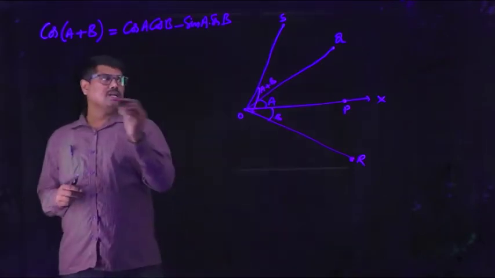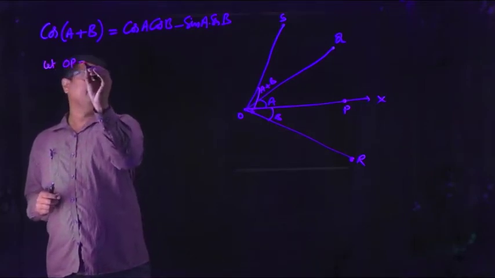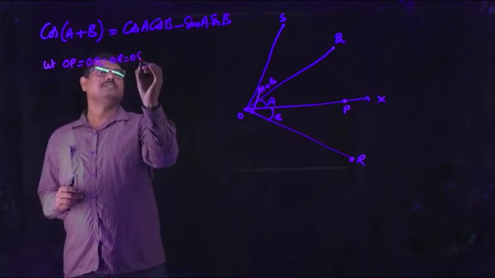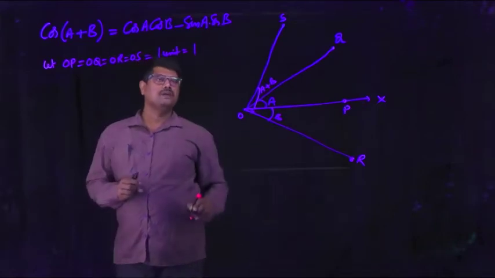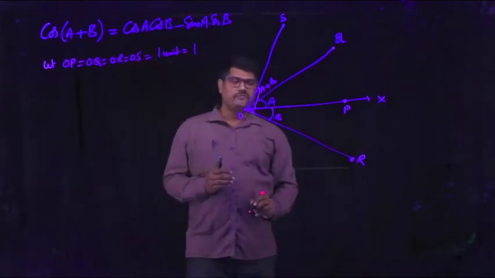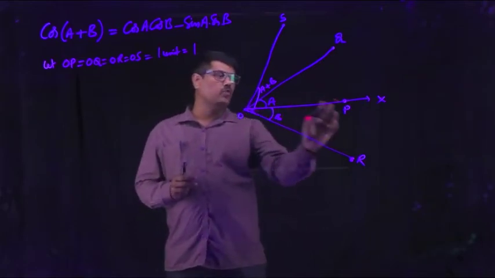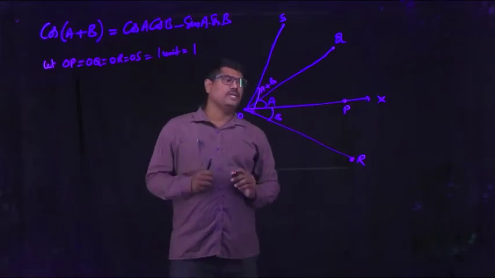Now, without loss of generality, we consider the lengths of OP, OQ, OR and OS as 1 unit. For easy verification of the proof of the formula, we consider the length of OP, OQ, OS and OR as 1 unit.